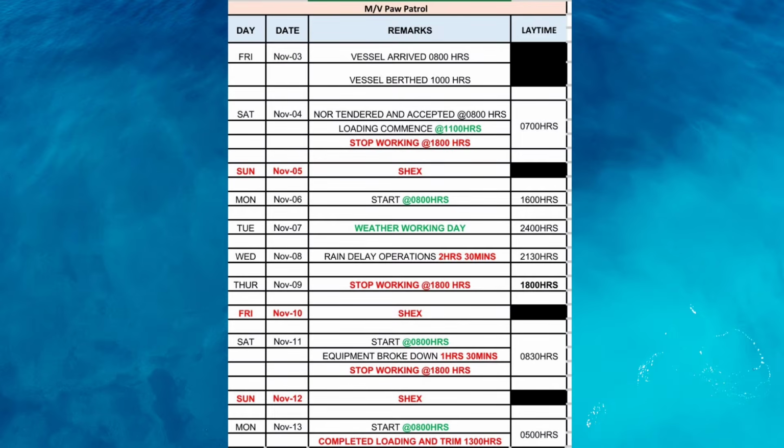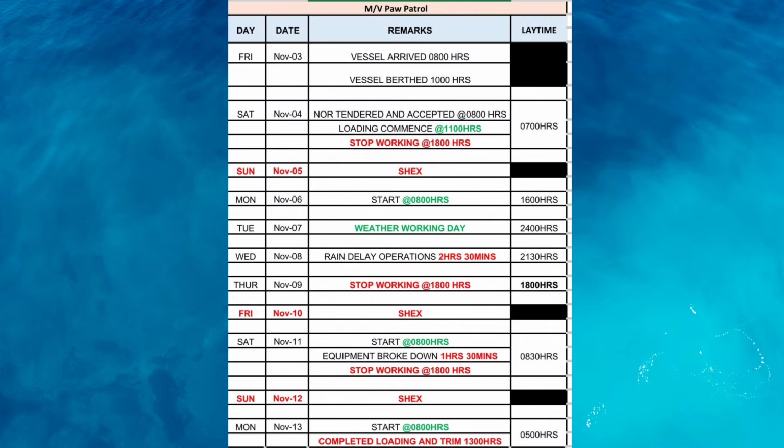Let's move on to Saturday, November 11. It's the day after a holiday and it's the day before a Sunday and a holiday, right? After a holiday, we're supposed to start at 0800 hours, and before a holiday or a Sunday, we're supposed to stop at 1800 hours.